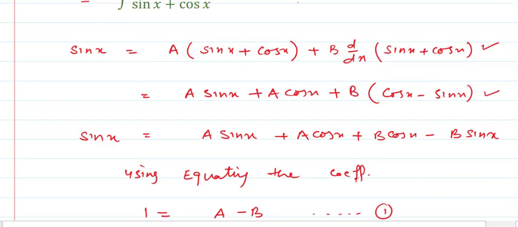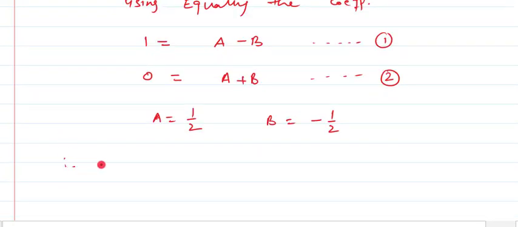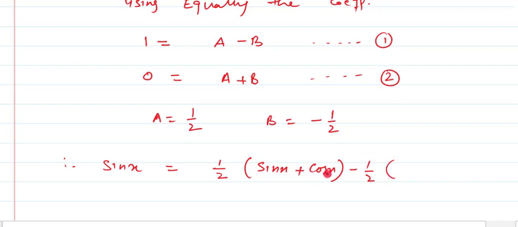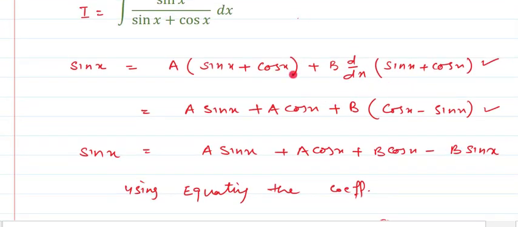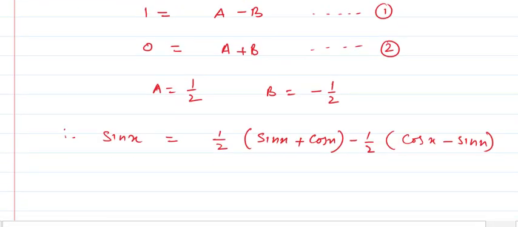Therefore sin x, that is the numerator, can be written as A, meaning 1 by 2 into sin x plus cos x, plus B, and B is minus 1 by 2, into the derivative of this, that is cos x minus sin x. I have just simply put these values over here.